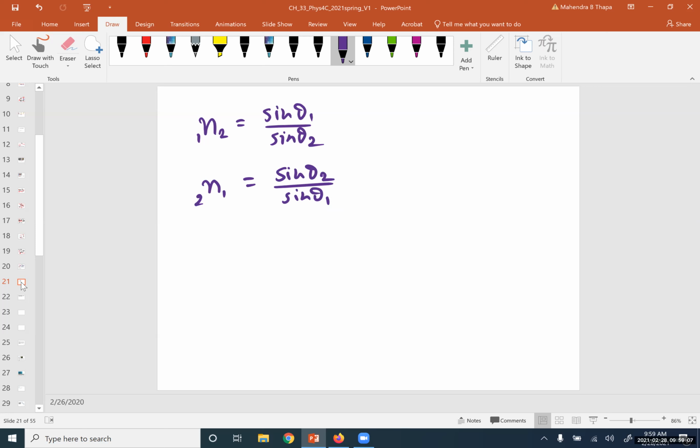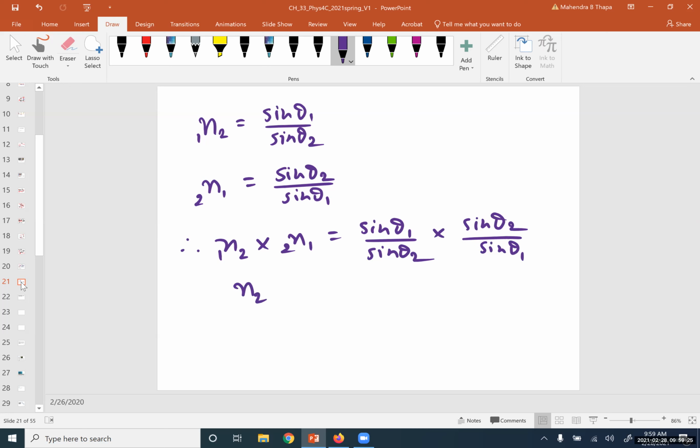If you multiply these two, η21 times η12, this will be sine θ1 over sine θ2 times sine θ2 over sine θ1. This gives you the relation that the product of the two refractive indexes in this case is 1.